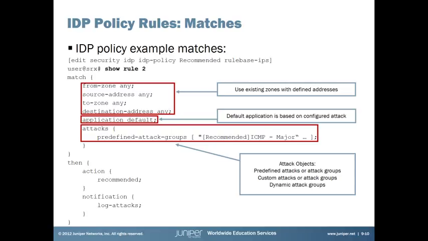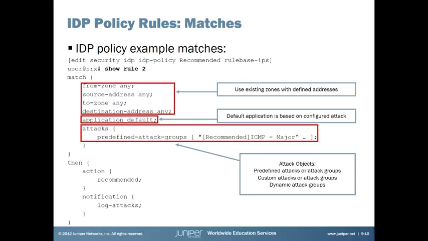Application is default. The default application is based on the configured attack, which is built into the attack database. And the attacks, a predefined attack group, this is an ICMP, and that is a major attack. So they have different levels of attacks.